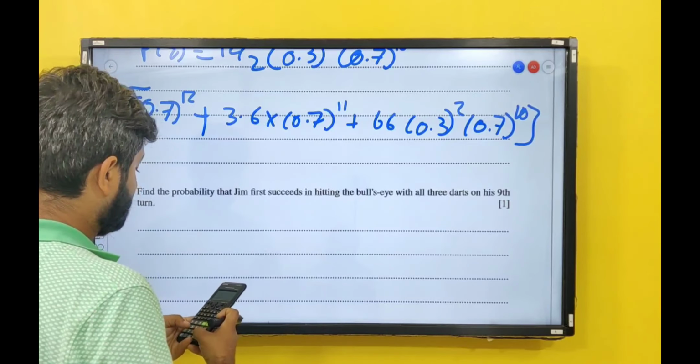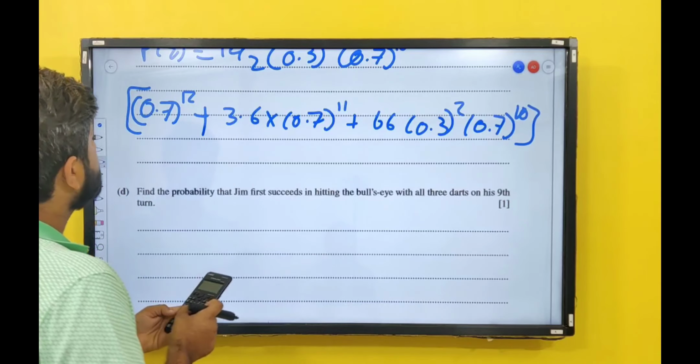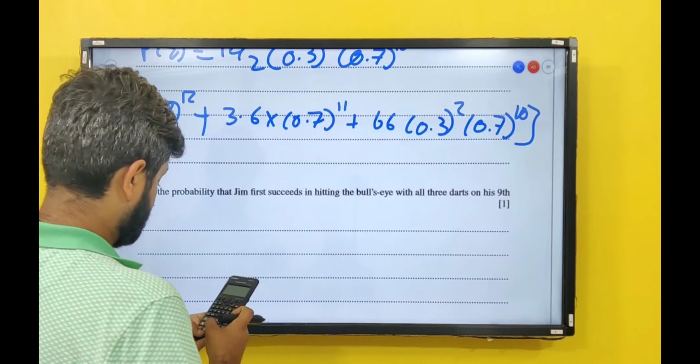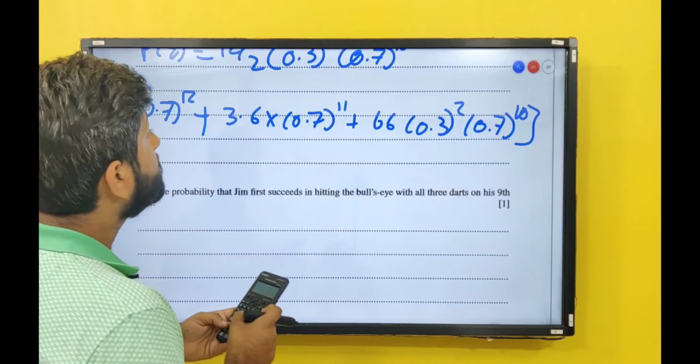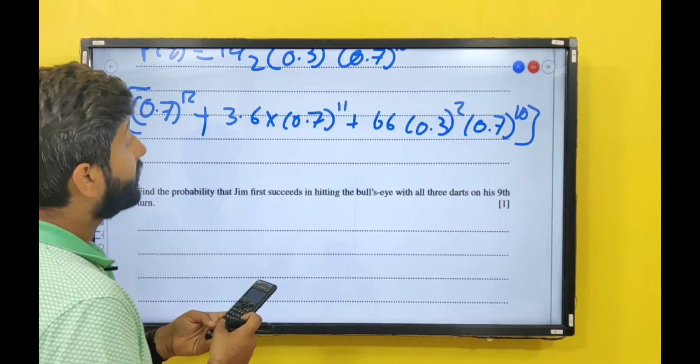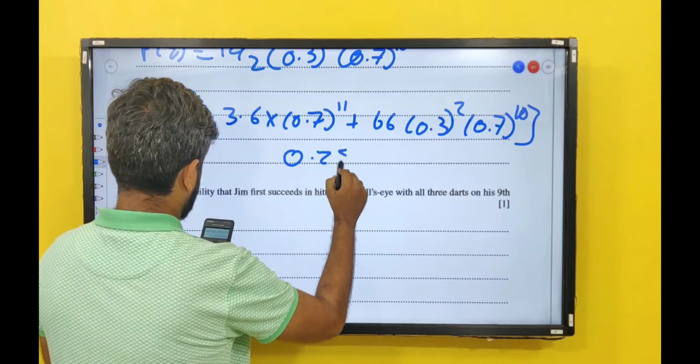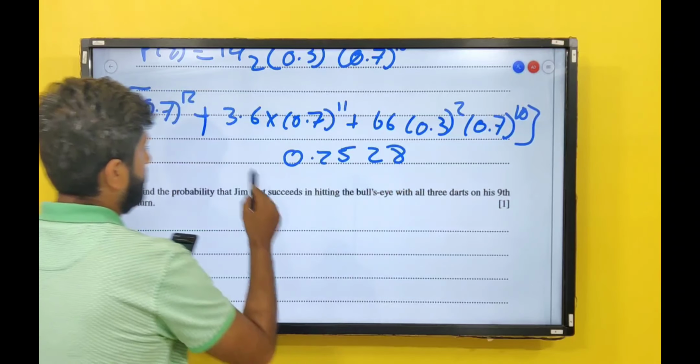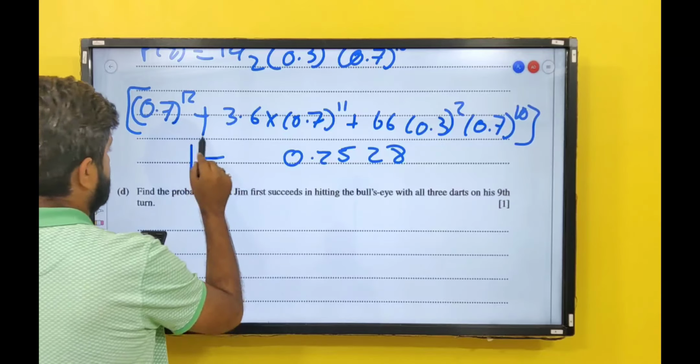0.7 power 12 plus 3.6 into 0.7 power 11 plus 66 into 0.3 square into 0.7 power 20, and the total is 0.2528, but I'll have to subtract it from 1.